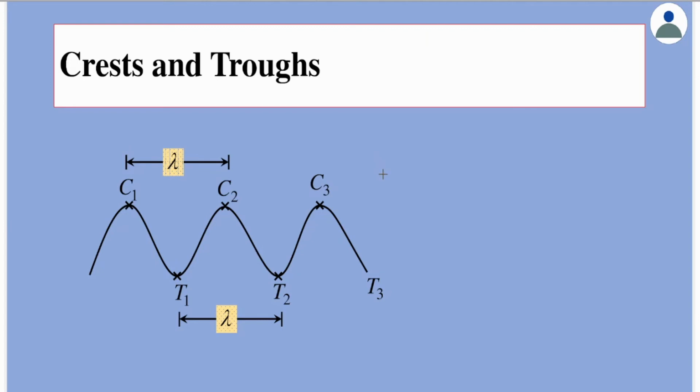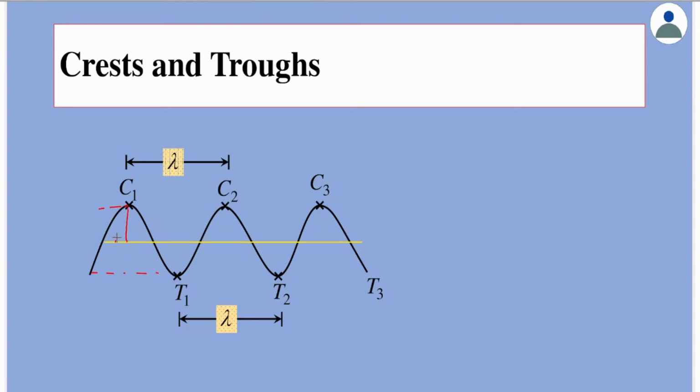Now in transverse waves, we saw that the particles will oscillate about their mean position. If this is their mean position, every particle will oscillate to its extreme position. It will go to this position and to this position. The particle from here has gone to the extreme position. It's gone till here.